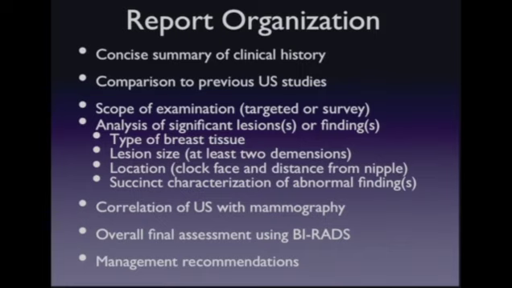I prefer to give the clock face and distance from the nipple. There are other methods you can use to describe where the lesion is. You want to give a succinct characterization of abnormal findings. And then you want to do correlation of the ultrasound with mammography or MRI if available. And then you want to give your overall final assessment using the BI-RADS classification that we just discussed.